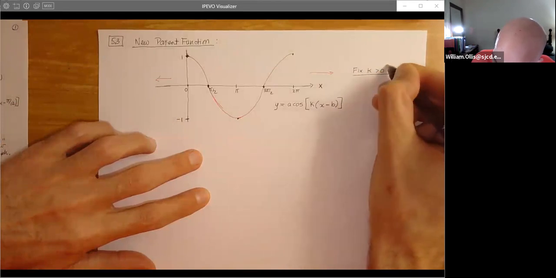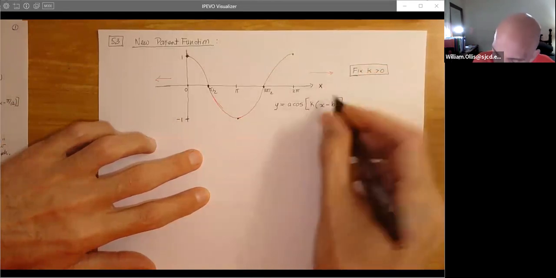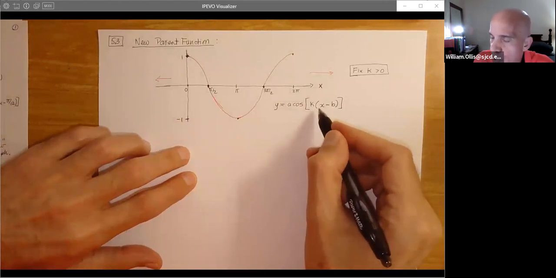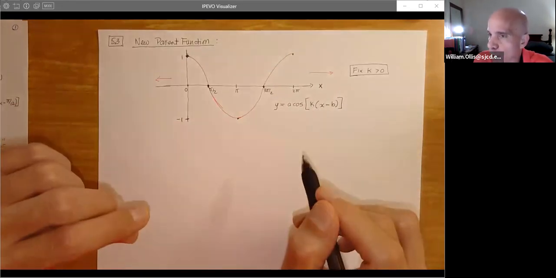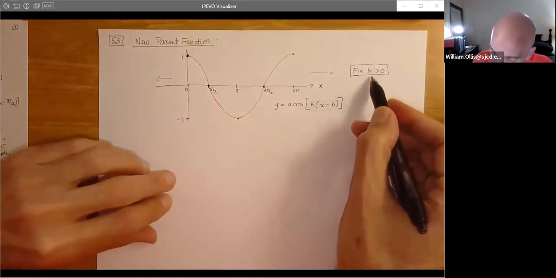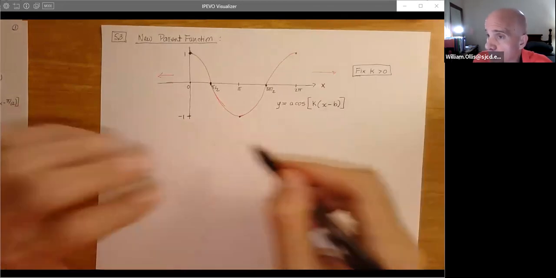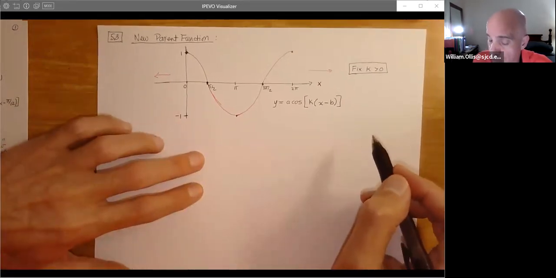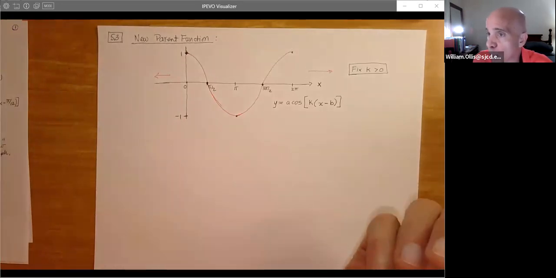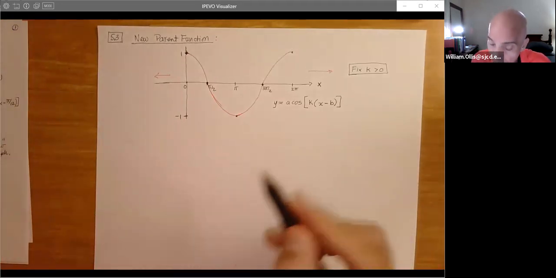That'll be a fixed positive number. Just remember, if we had a negative there, if it were a sine or a cosine, it could either be factored or absorbed. So we will insist that K is positive. And if it's not, get rid of it. If it's a cosine, it absorbs. If it's a sine, it factors. So you don't have to deal with that anymore. It's not going to be a problem anymore.